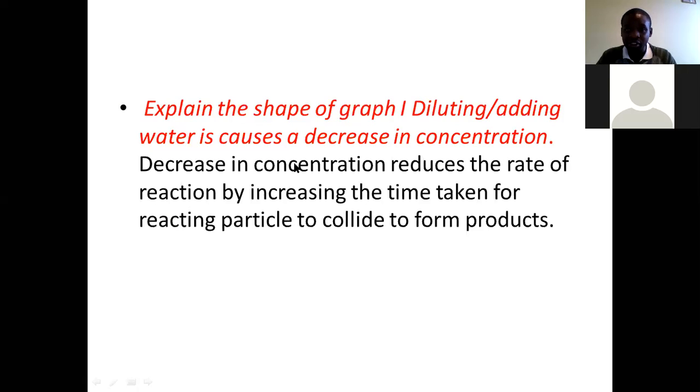So a decrease in concentration reduces the rate of the reaction by increasing the time taken for the reacting particles to collide to form the product. So you can see you are explaining the shape of the graph, but you've brought in the concept of the collision theory. It's a very, very important theory which you need to understand.